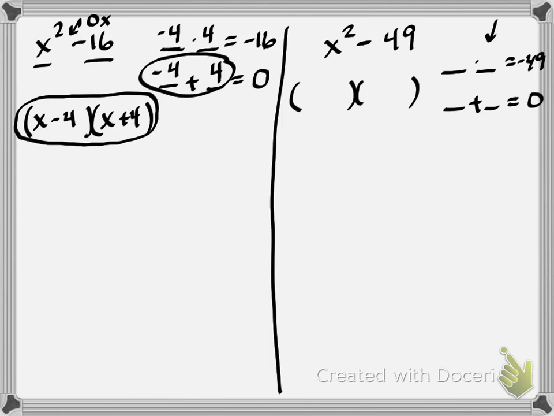What multiplies to negative 49 and adds up to 0, or do the whole square root method. Pause the video and try that out. All right, you should have gotten x minus 7 and x plus 7, the two numbers that multiply to negative 49 and add up to 0. That's a quick little intro to difference of squares in factoring.